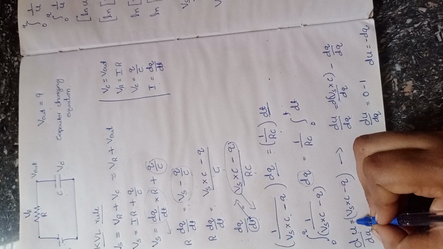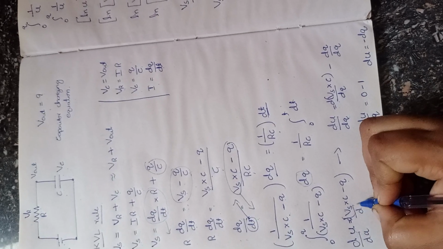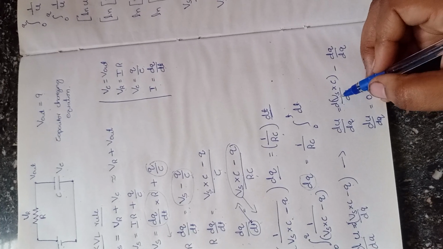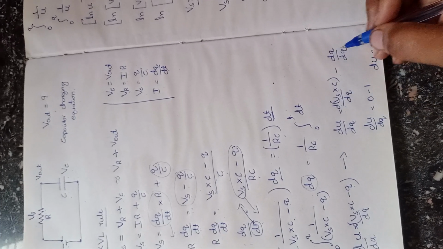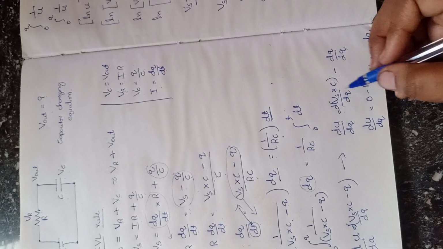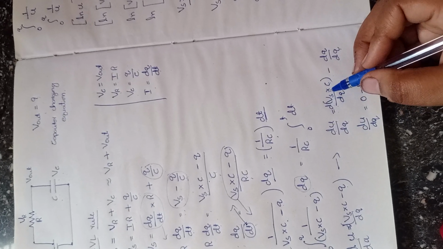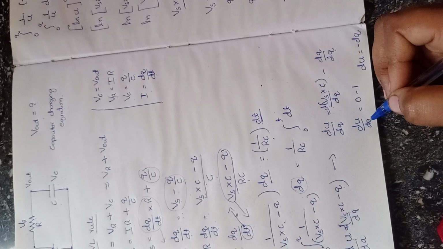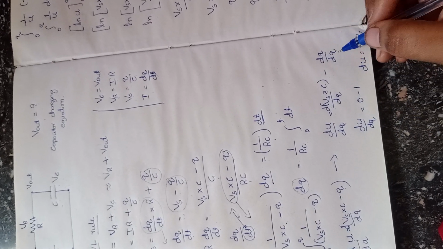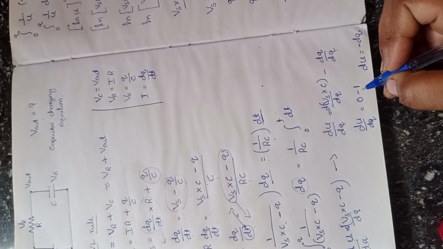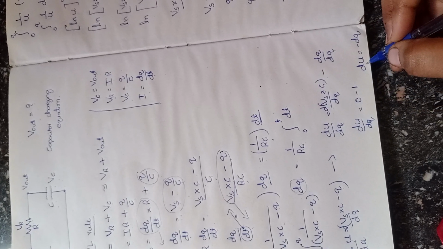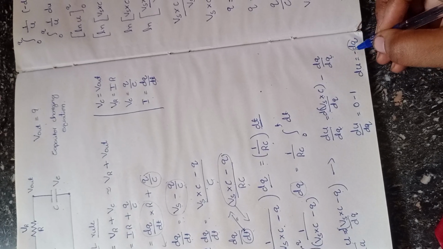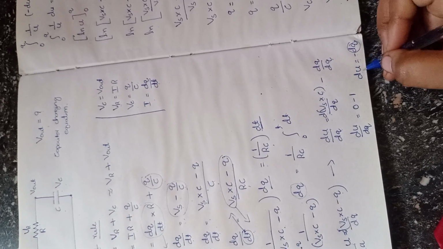If you do that, it will become the derivative of Vs into C by dq minus dq by dq. This whole thing Vs into C is considered as a constant, and it will become 0. And dq by dq is nothing but 1. So we can replace du is equal to minus dq, or we can replace dq by minus du.